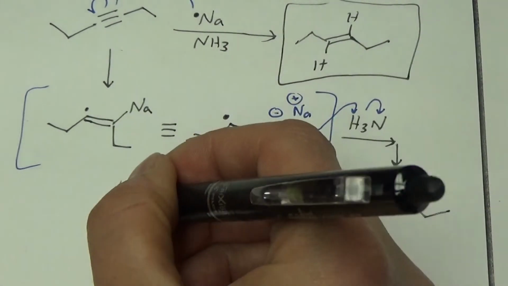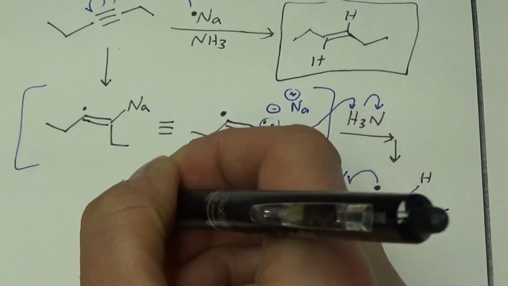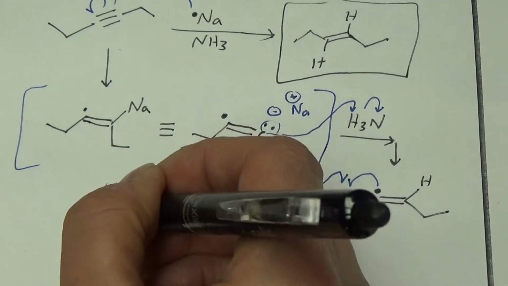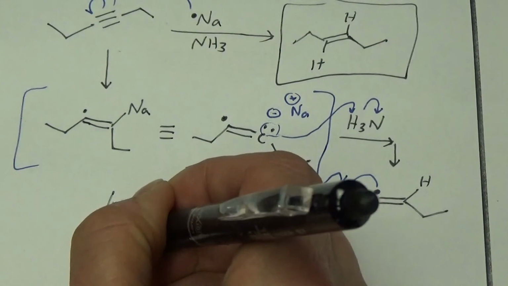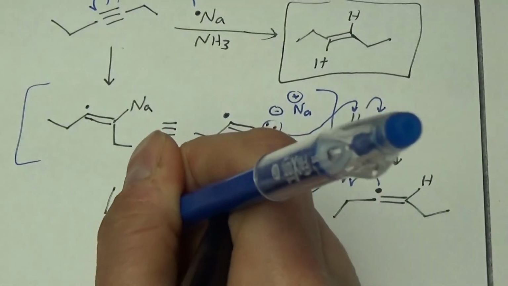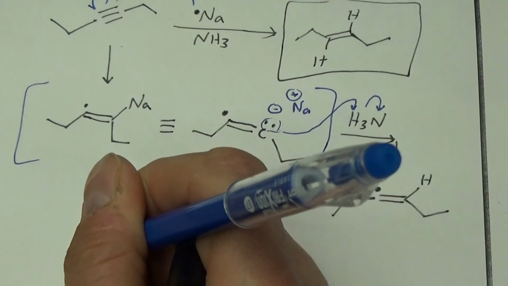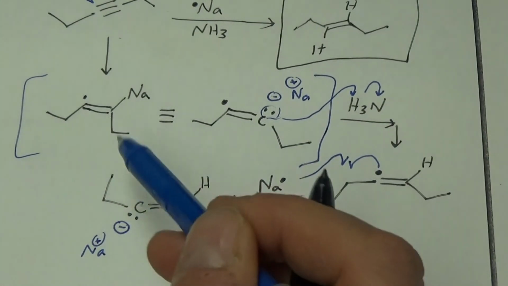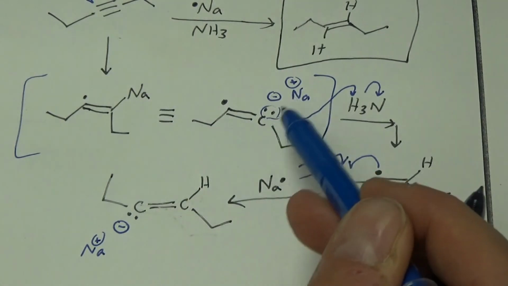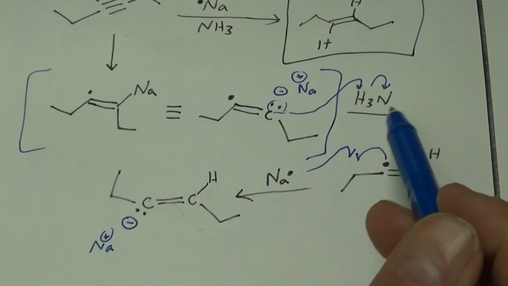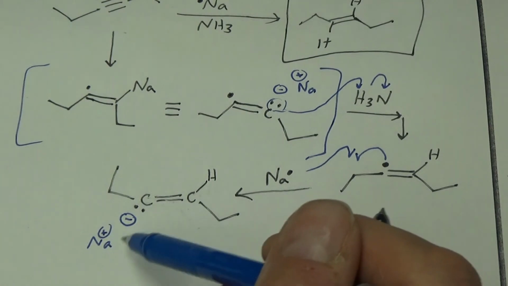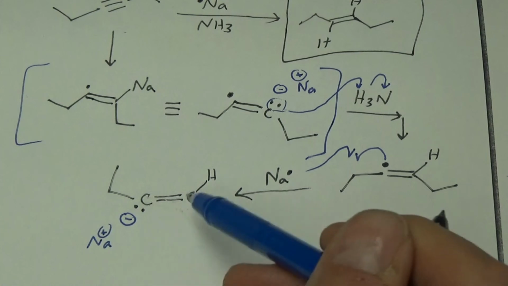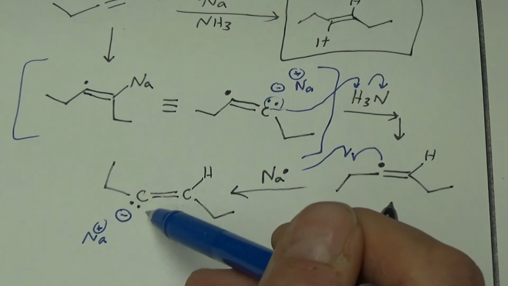So I'm just going to draw it as ethyl and Na+. You could draw it in a covalent fashion or this ionic fashion. For our mechanism, though, it helps to focus on the ionic fashion. So now we have another carbanion, right?